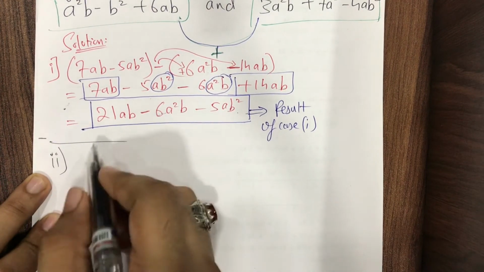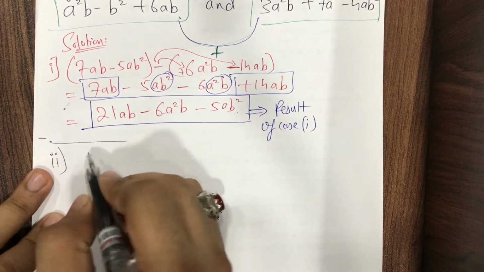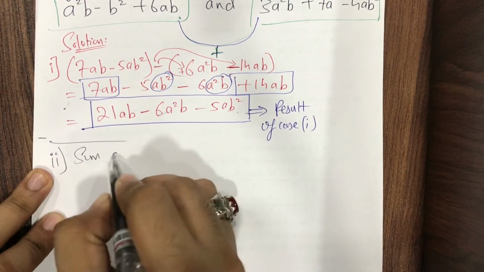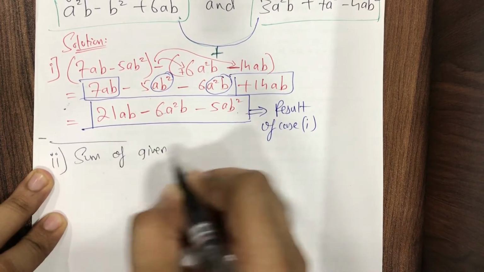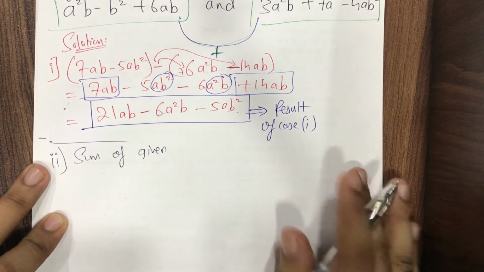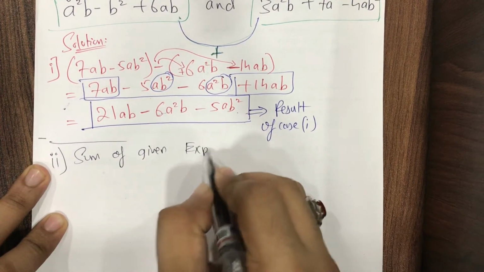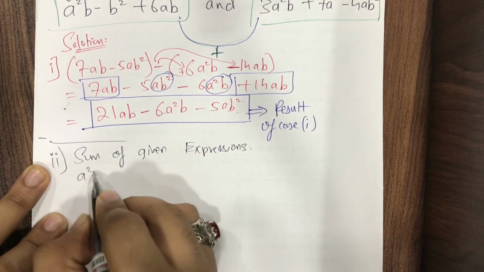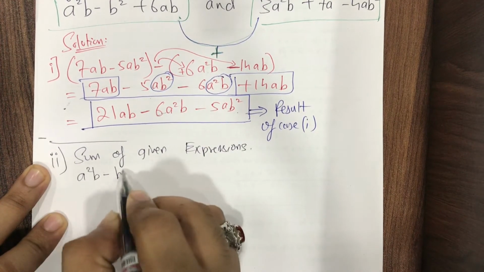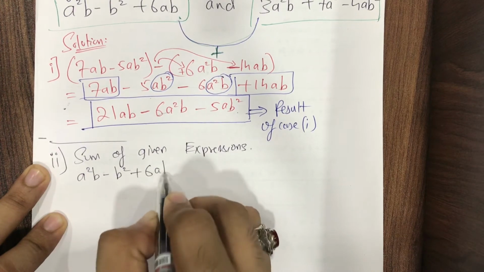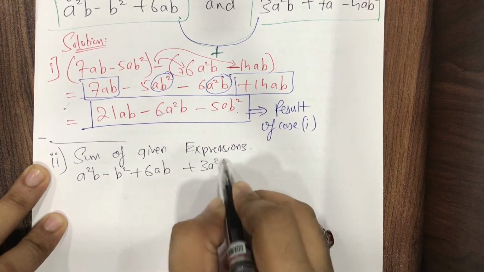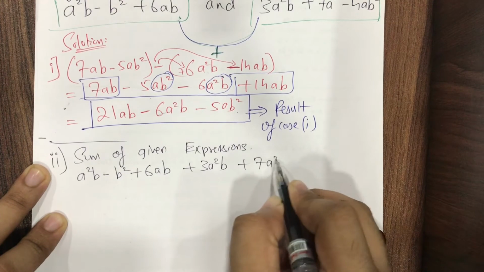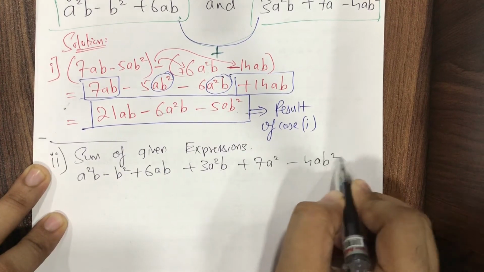second subpart, adding the sum of given expressions. It is a square b minus b square plus 6ab plus 3a square b plus 7a square minus 4ab square.